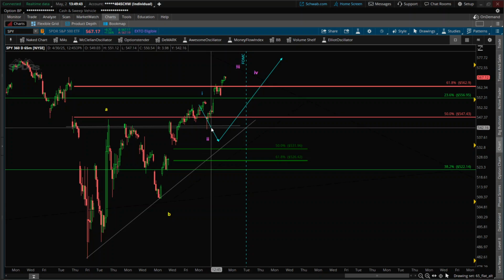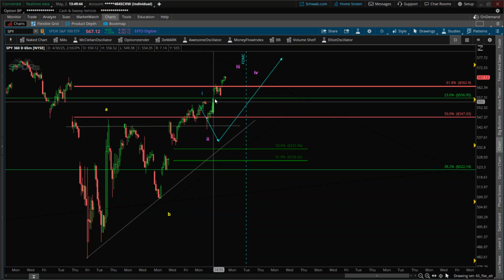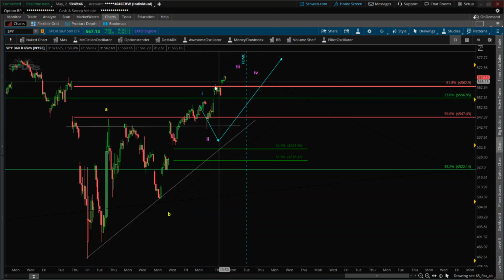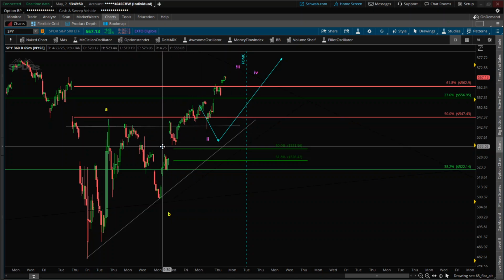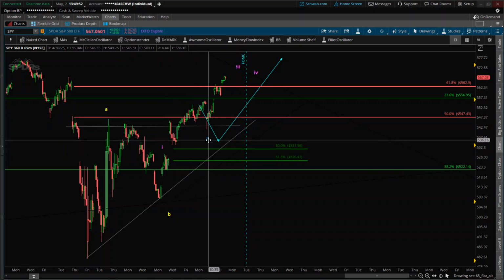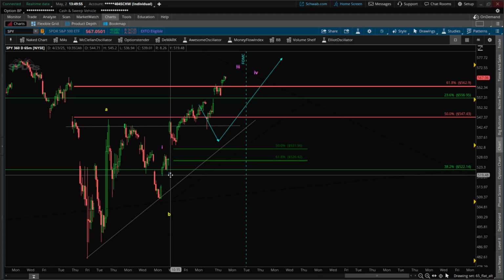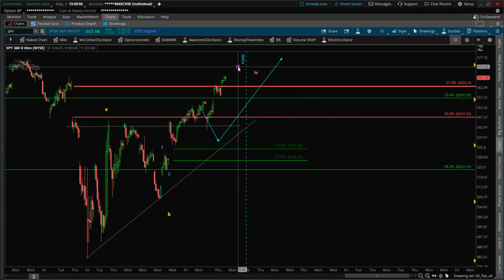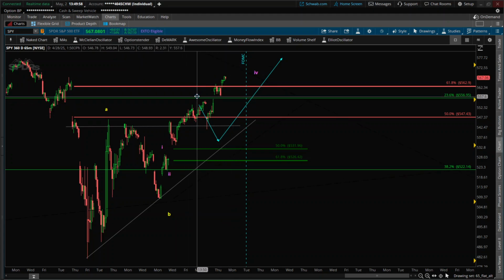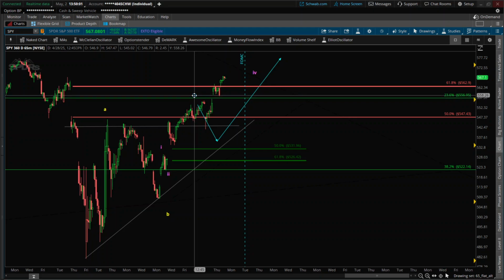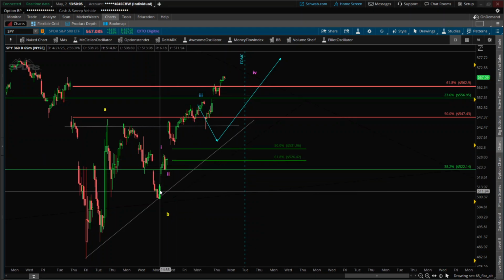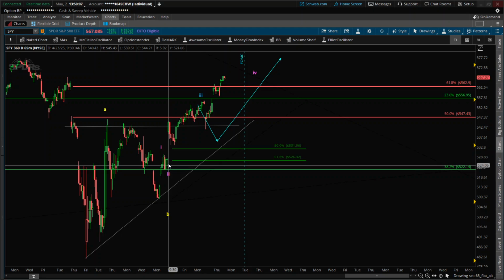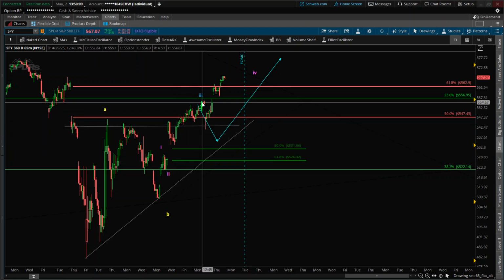So some people are counting this as a 1, 2, and then we're into wave 3, 4, 5, and you continue to go higher. I think this is starting to work out just fine, where this is simply 1, 2. So you can't see the 5 waves in here, but 1, 2, and then 1, 2, 3, 4, 5 for wave 3.